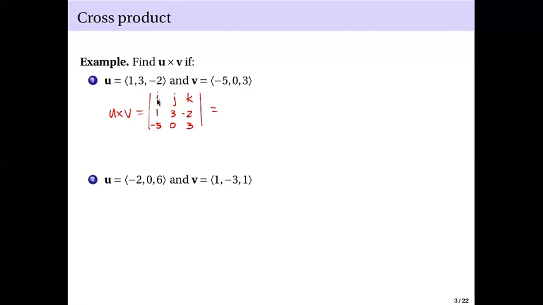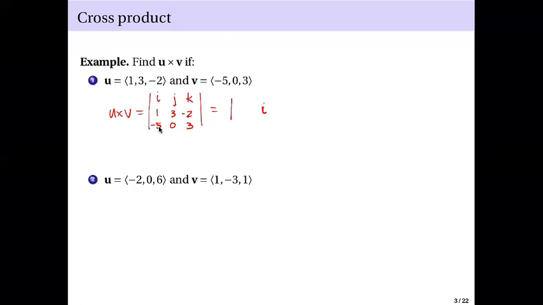So you have your negative 1 raised to 1 plus 1, which is positive 1, so I'll not write that. Then you have your i, and then the determinant of the submatrix obtained by removing the first row and first column.